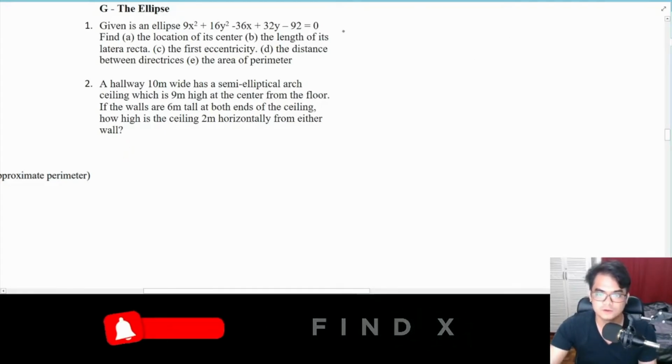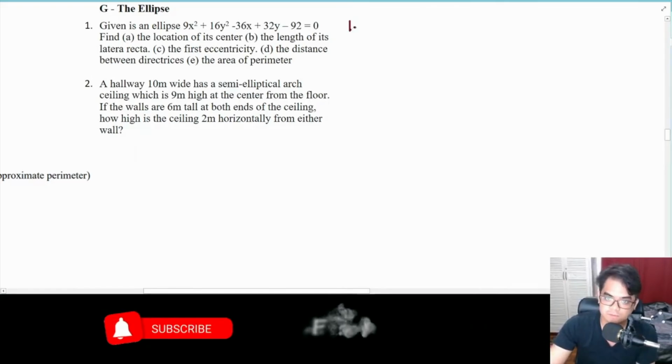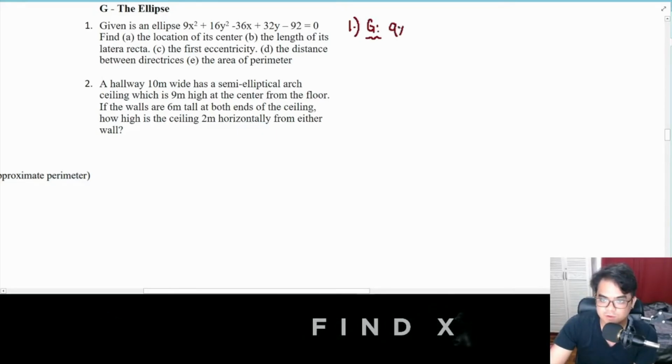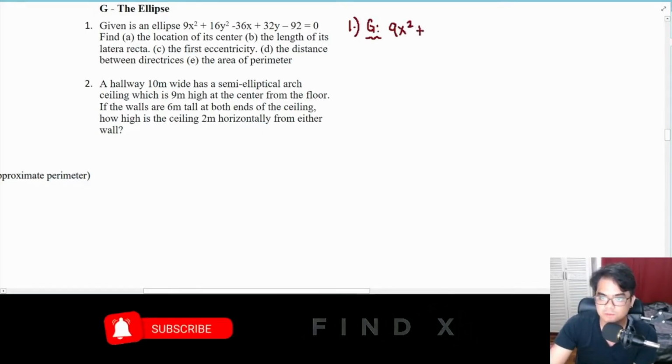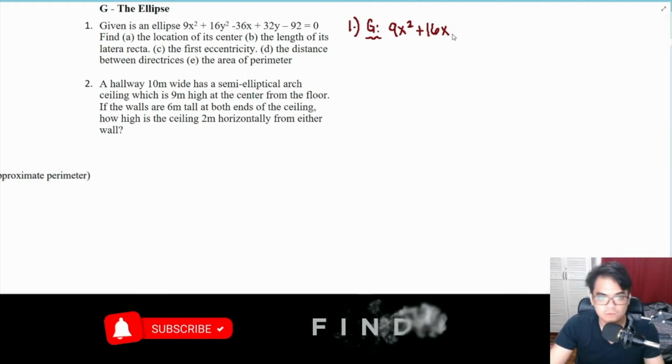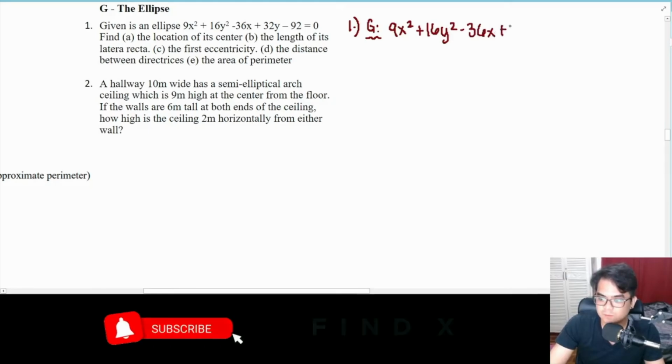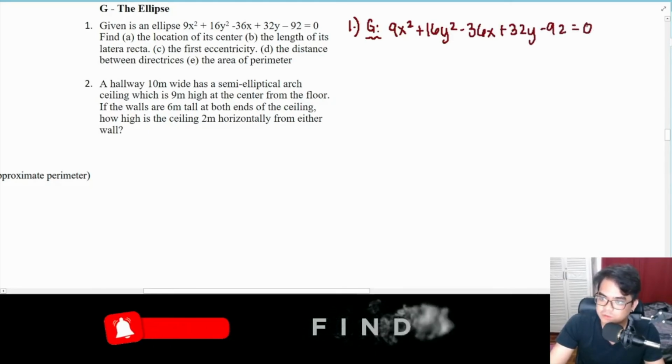We can start here. Number 1, so we have a given ellipse which is 9x squared plus 16y squared minus 36x plus 32y minus 92 equal to 0.